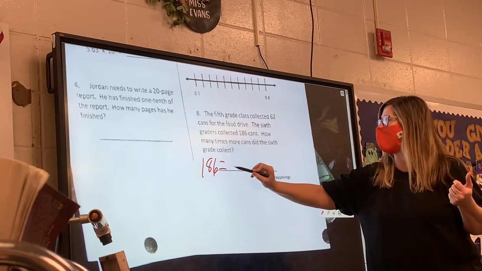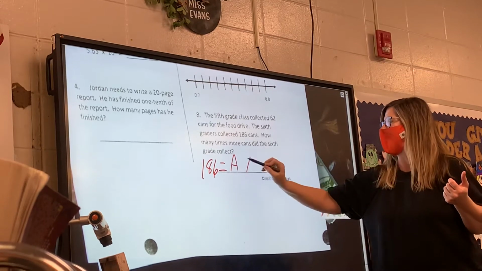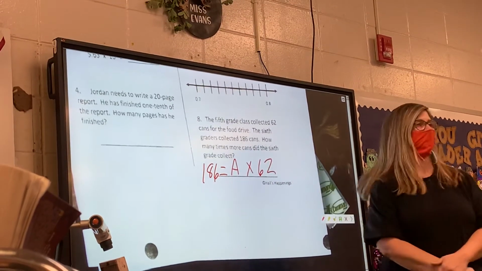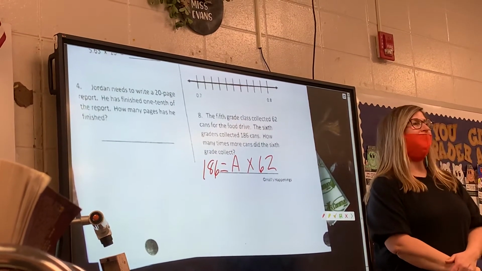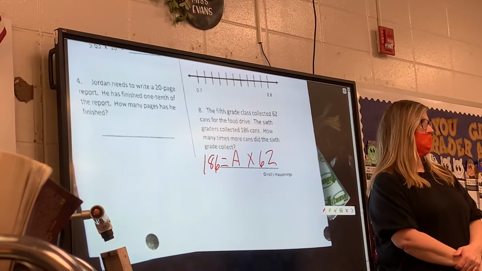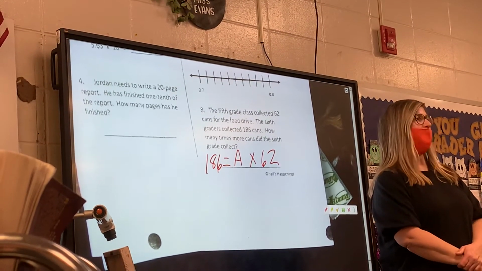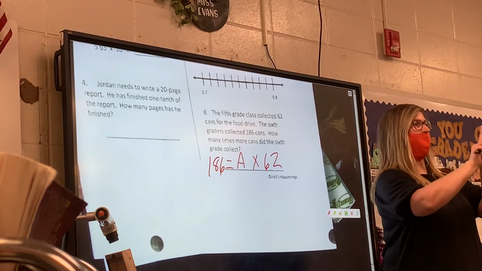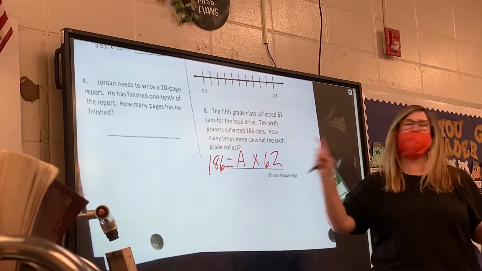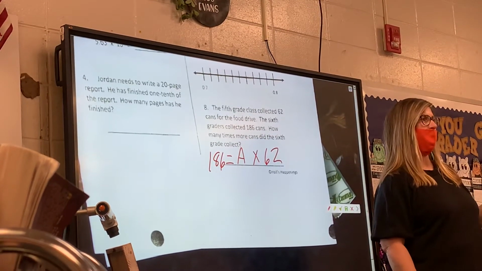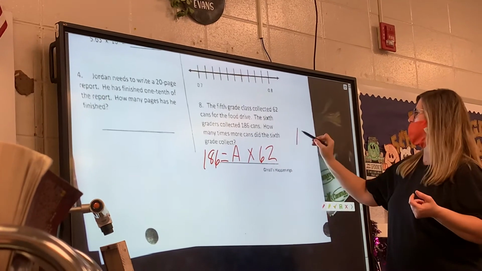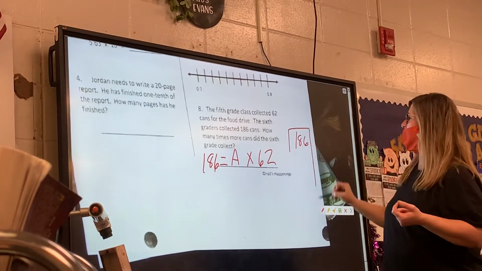I don't know what it is, so I'm going to make it A times 62, right? I'm missing a factor. Do you agree with that? If I'm missing a factor, I have to do the opposite. What is the opposite of multiplication? Division. So I'm going to divide 186 divided by 62.